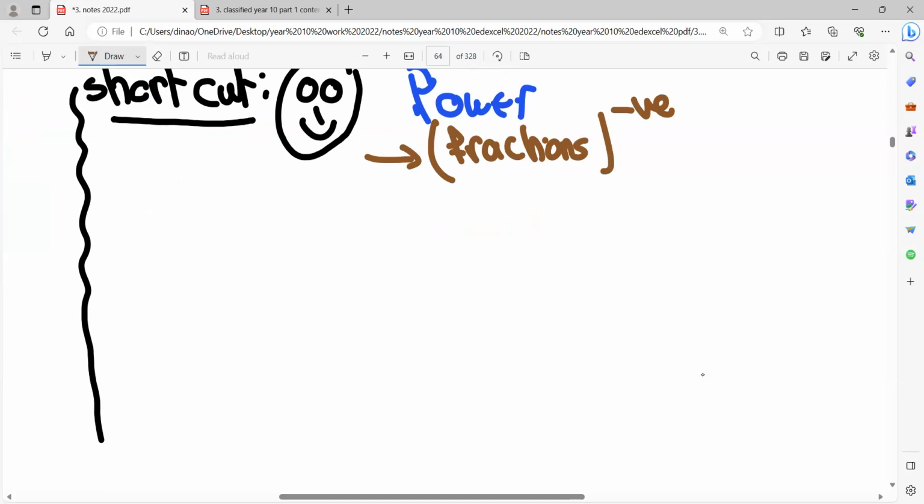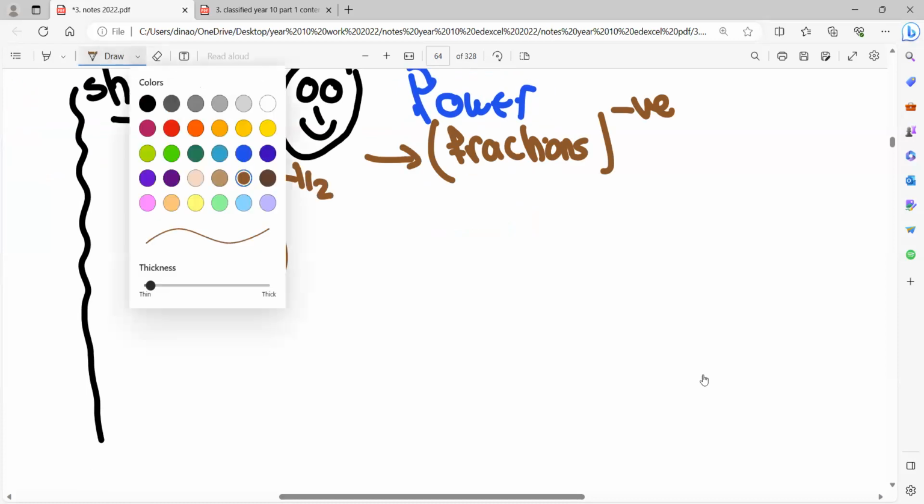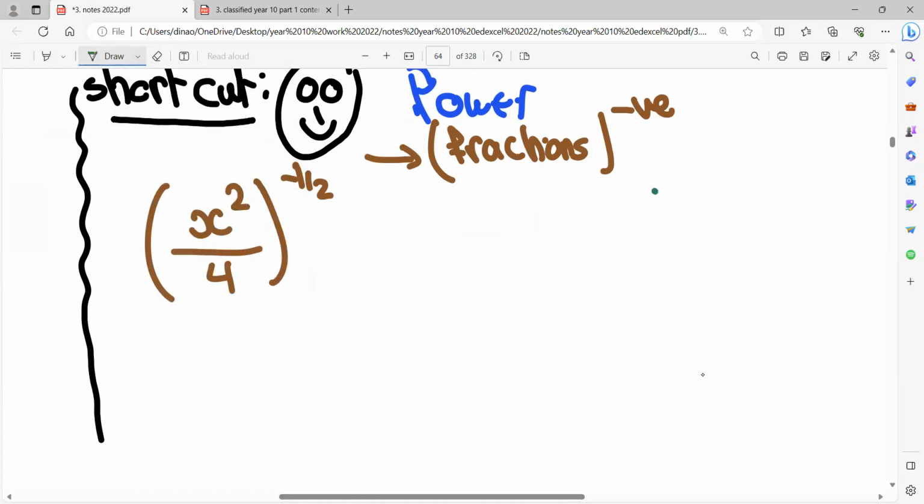So let's take the same example and explain the shortcut, and then for the rest of the video, we are going to use it. When you're dealing with fractions that have negative powers, and the powers inside both have the same signs, they are both positive, I can do this shortcut: flip and flip.